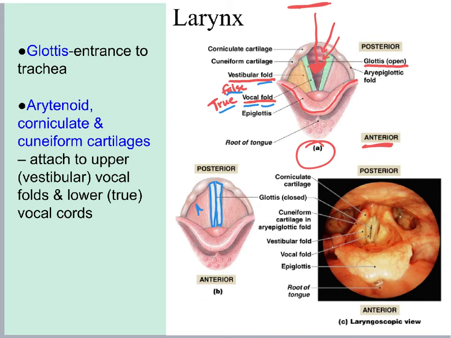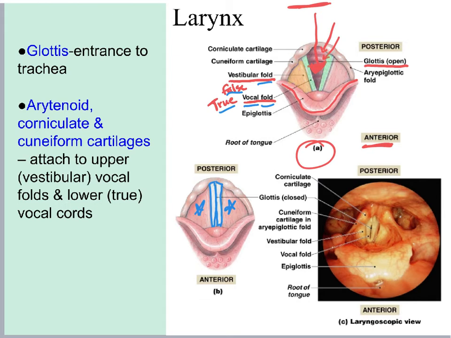And then off to the side here and here are those vestibular folds. Those vestibular folds, remember, are also called false vocal folds or false vocal cords. And the reason for that is the false vocal cords are meant to protect the true vocal cords and protect the glottis and the trachea.